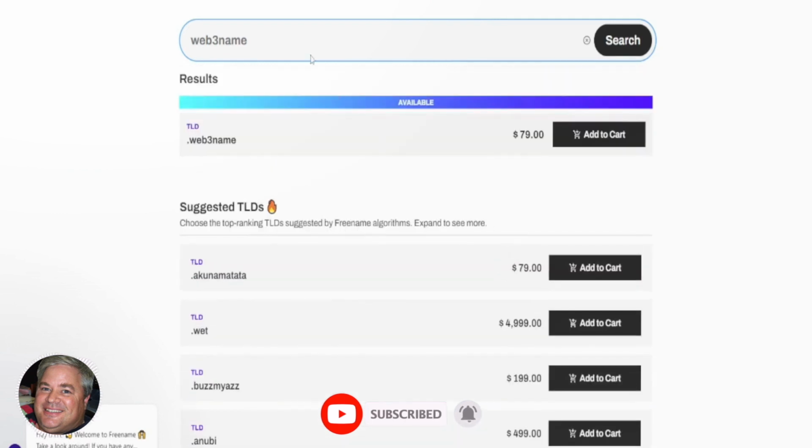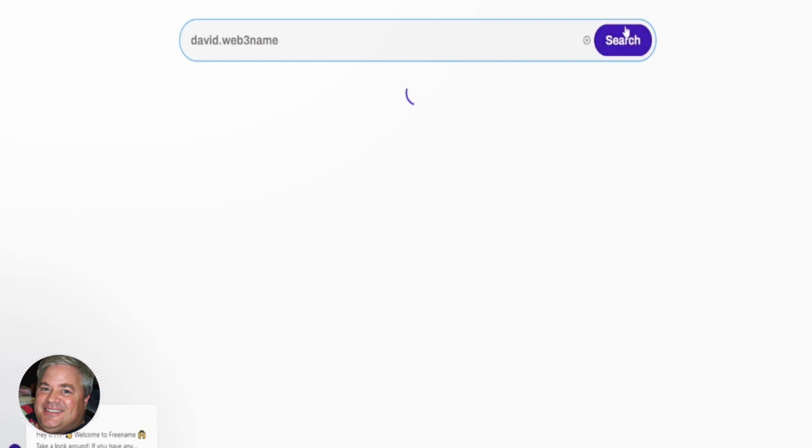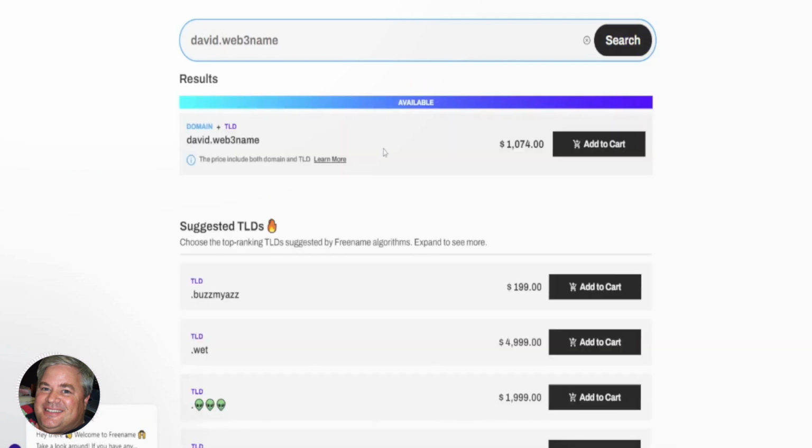But the reason I want to talk about it is you can sit there and say, okay, this is a way to own a TLD that can have lots of different things at the front or at the back. And so if you had something like Web3 name, then some of your domain names that people buy are going to carry a premium price of $1,000 because David is such a popular word, and you'll earn a 50% rev share.